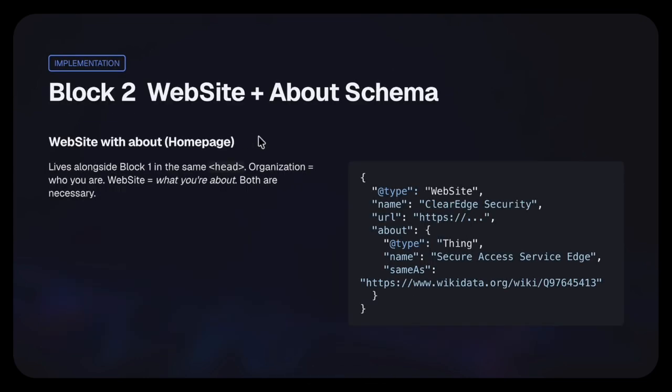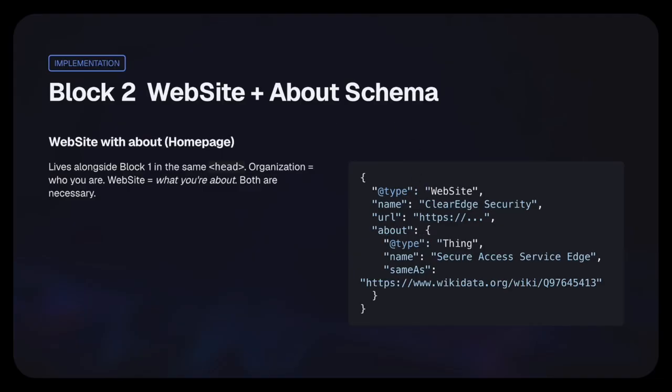All right, so let's talk about block number 2. This is website plus about schema, and this would live alongside block 1 in that same head tag, right with the organization. You can even nest these together in the same markup. But here you're declaring website and you're declaring what the website is about. So in this case, we're saying the website, the name, and then we're saying about, and it's a thing.